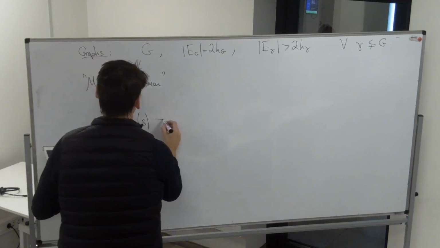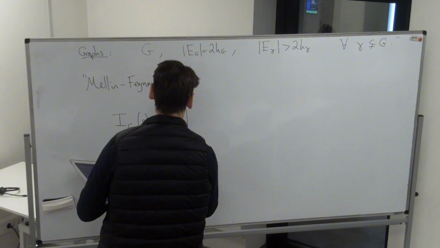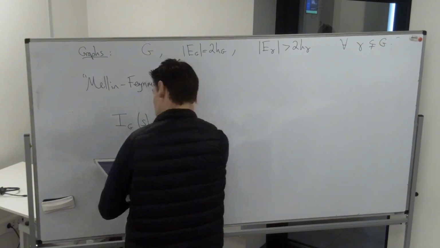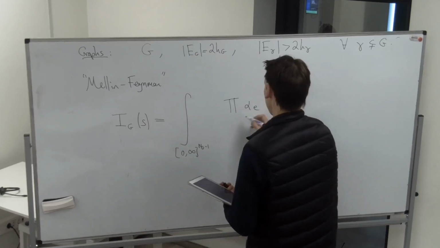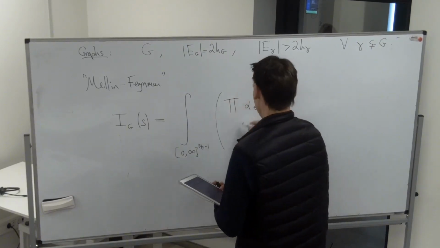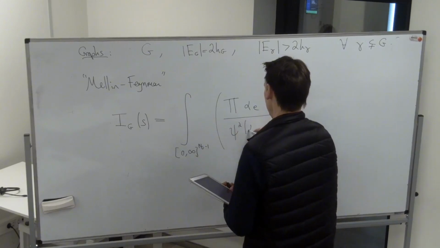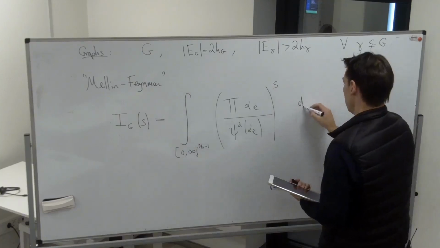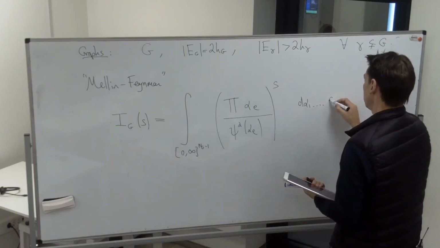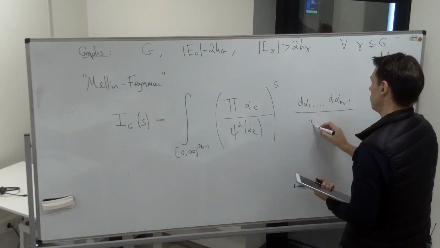So I_G(s) will be the integral from 0 to infinity, to the number of edges minus 1, product of all the alpha_e over psi squared, alpha_e, graph polynomial, to the power s, d alpha_1 ... d alpha_{N_G - 1} over psi squared.